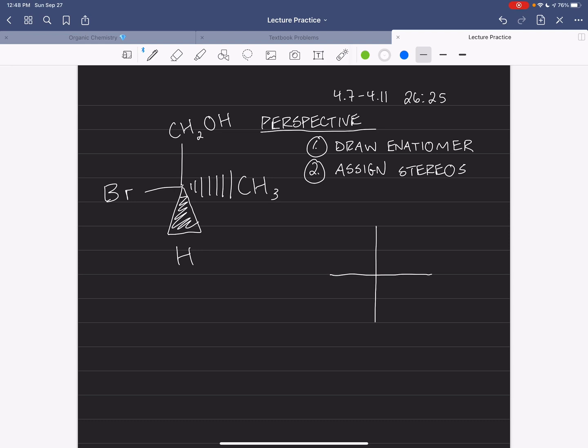And whenever we think of Fisher projections, that's going to be a little confusing, right?